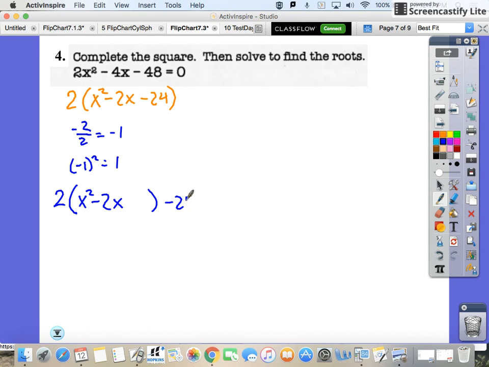Put the minus 24 outside. And I'm going to change these. We're going to go plus 1, minus 1. So then we have 2 times x, and then whatever happened here is minus 1 squared. Negative 24 minus 1 is negative 25.